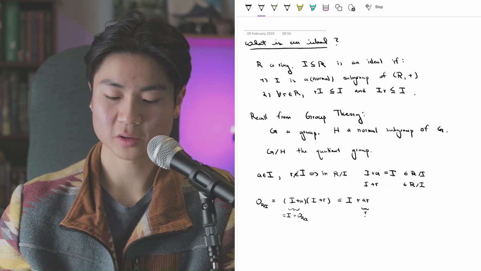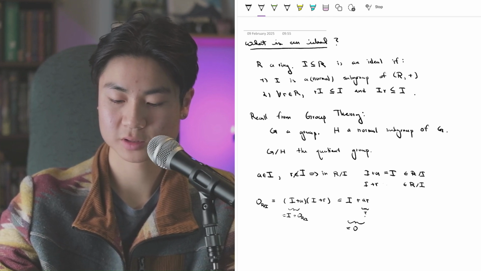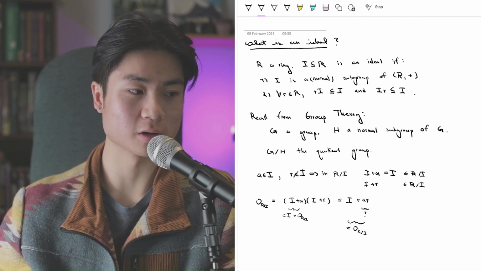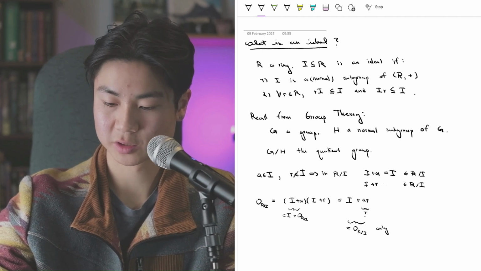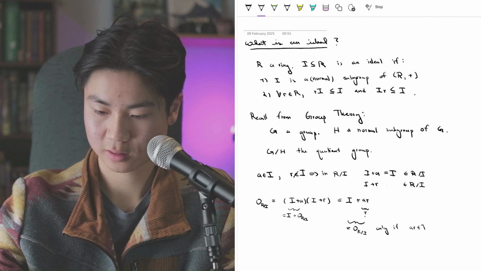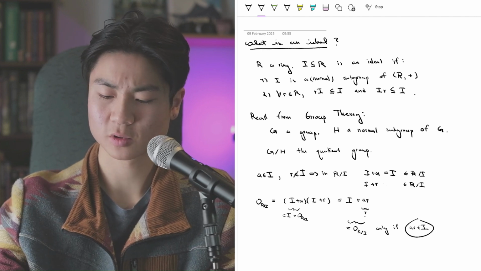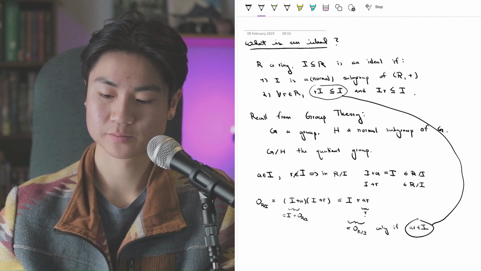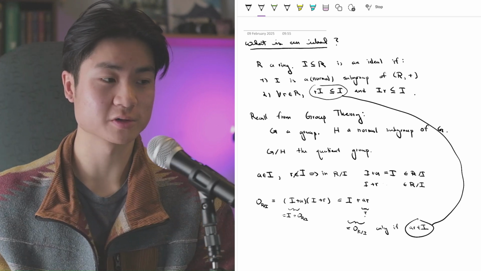So the only way we can have equality, the only way I plus AR is equal to our zero element, is if AR is in our ideal. But AR in our ideal, oh, we've seen that before. This is exactly this. So these two things are the same. And so this is exactly the motivation for the second criterion.